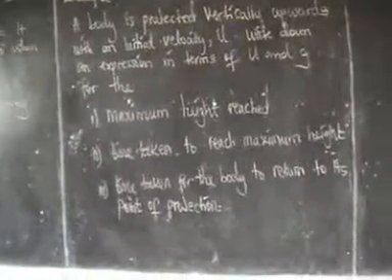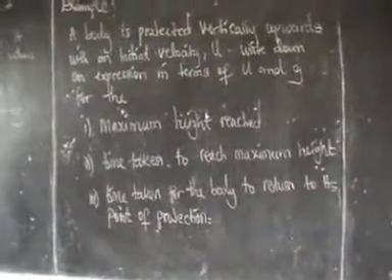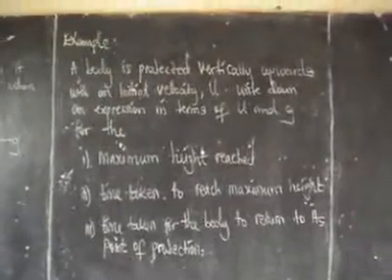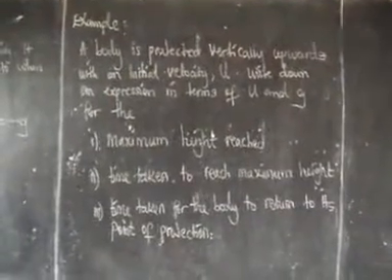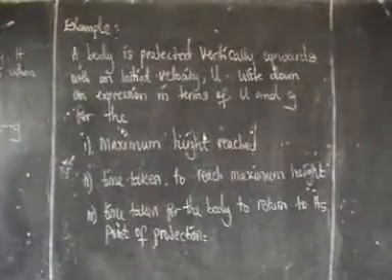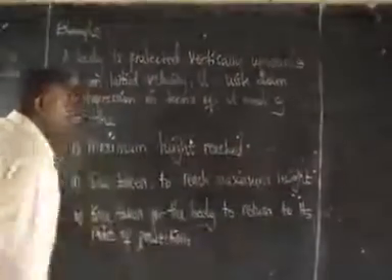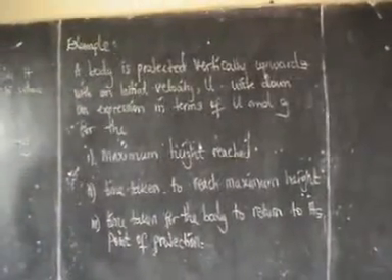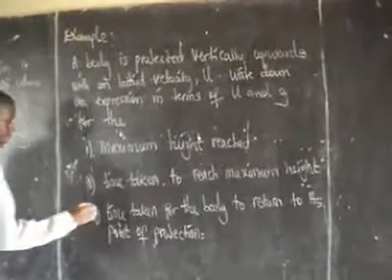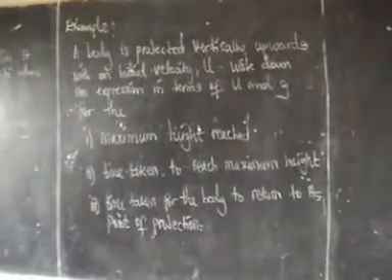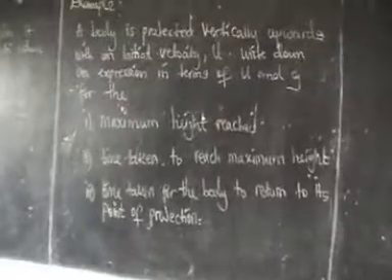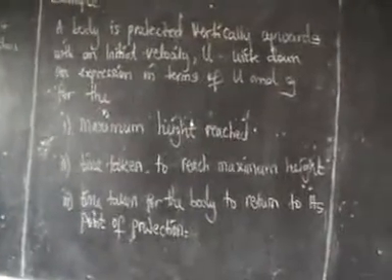Write down an expression in terms of u and g for Roman 1, the maximum height reached, Roman 2, the time taken to reach maximum height, Roman 3, the time taken for the body to return to its point of projection.